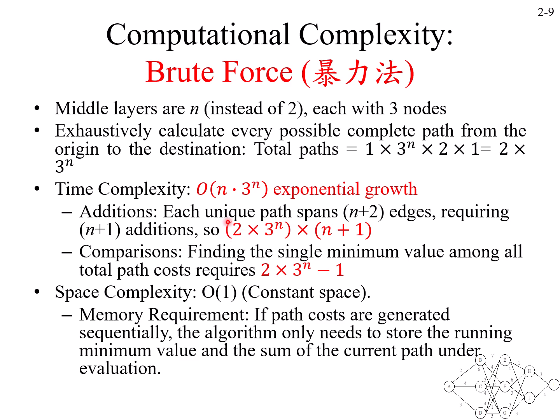So this is our total path right here, and this is the addition we need. So its complexity is n times 3 to the power of n. In comparison, we need to find a single minimum value over all total paths. So this is our path, -1.